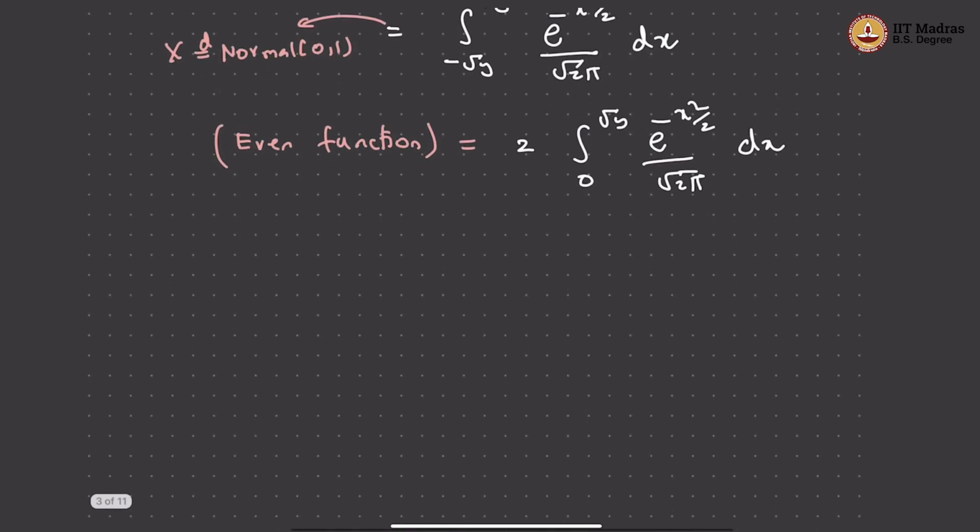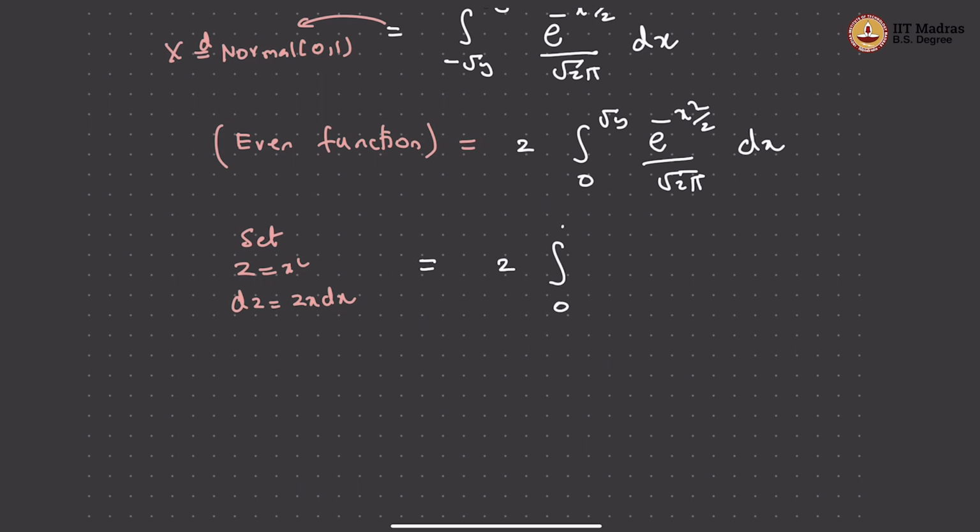And now here you use a substitution. You set z equal to x squared. So it means dz is 2x dx. So this will become twice the integral from 0 to y, because z is x squared, so x is root z.